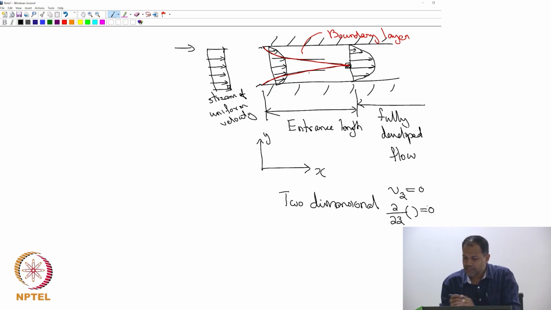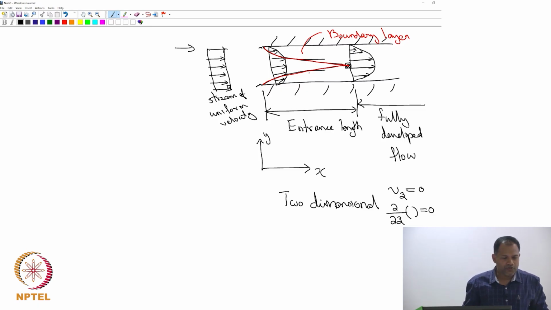Now the question is, if I want to find out this profile, how do I proceed? You told me that you have to solve the Navier-Stokes equations to find out what this velocity profile is going to be. So, let us just do that. The Navier-Stokes equations consist of 2 parts.